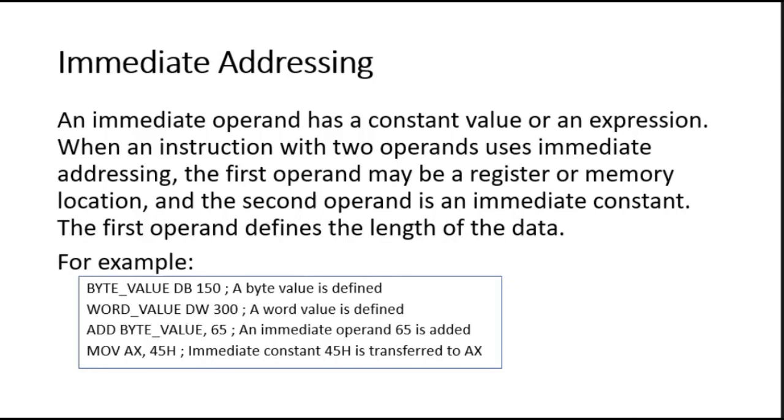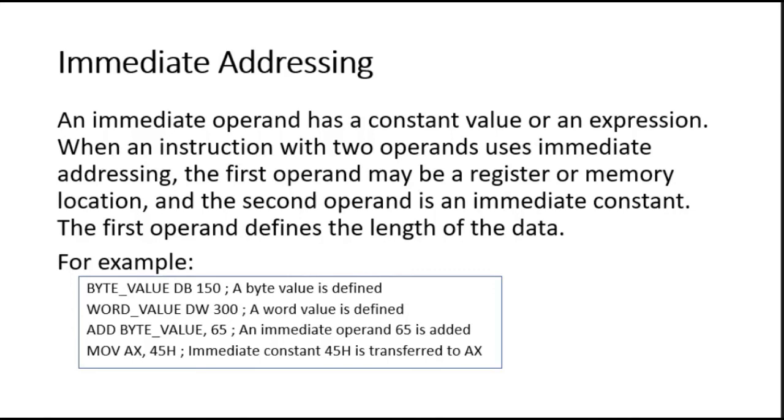So an immediate operand has a constant value, which is like 150 here, or it has an expression. When an instruction with two operands uses immediate addressing, the first operand may be a register or a memory location, or if you like, a variable, and then the second operand may be a constant. So that's what we call immediate addressing.